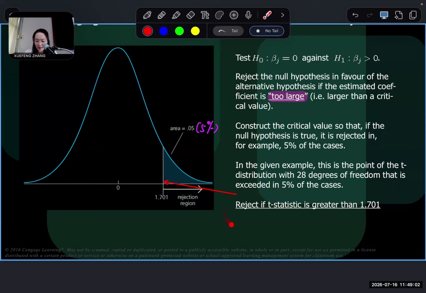So the decision rule is that if your t-statistic is greater than 1.701, we reject H0. Otherwise, we fail to reject. Be careful here. We don't say that we accept H1, but we say that we cannot reject H0, okay? It doesn't mean we accept H1. It means we cannot reject H0.